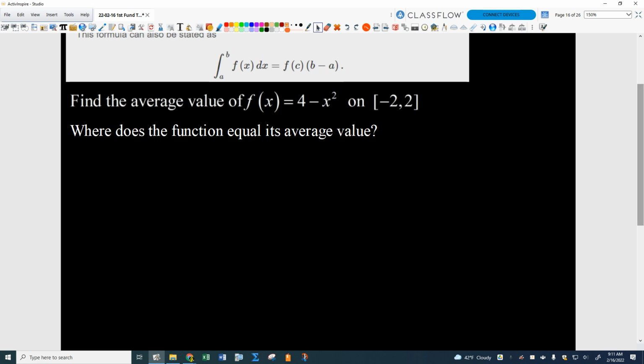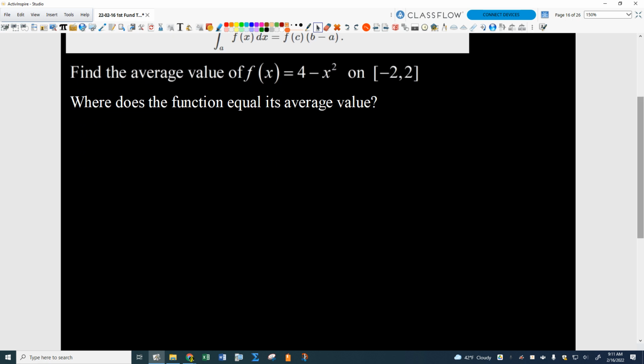So, what are we going to get here? We want to find the average value. Well, it's just going to be the area under that function divided by what number? 4, right? 2 minus negative 2. Okay, let's do it in yellow.